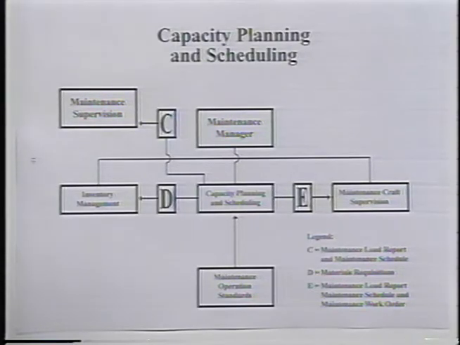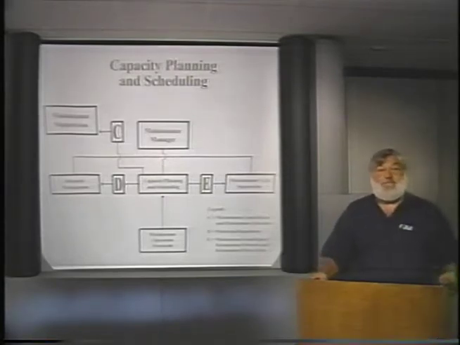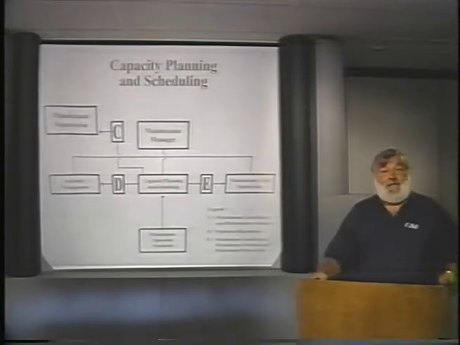Many of these standards are estimated, but they're identified in what we call a standards record. And that is a key consideration for the planner, scheduler of maintenance work orders, and likewise maintenance supervision, to develop what we call operational standards.